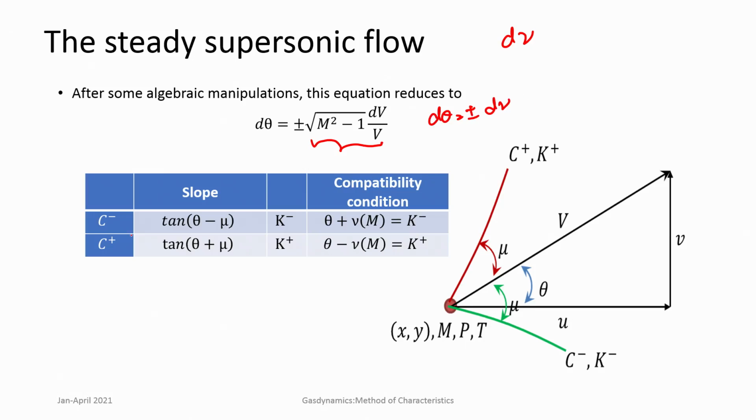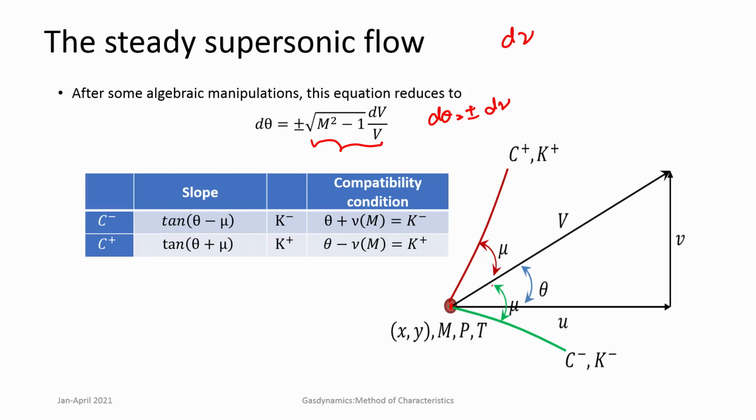So, if you take the particular slope C minus, that is tan theta minus nu, if you look at this, this is a general vector. In the flow field it is at any point x comma y having a Mach number, pressure and temperature. So, this is the velocity vector, and with respect to this velocity vector there are two characteristics.